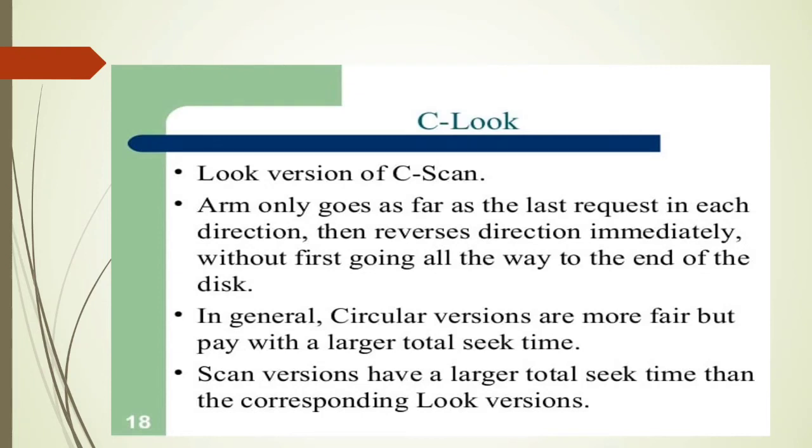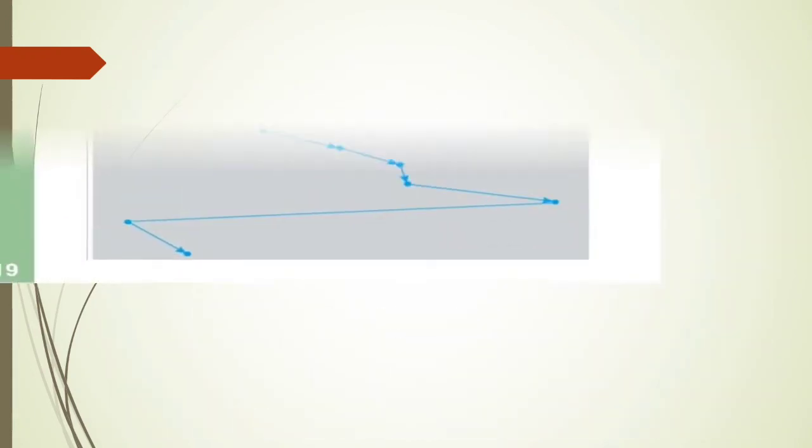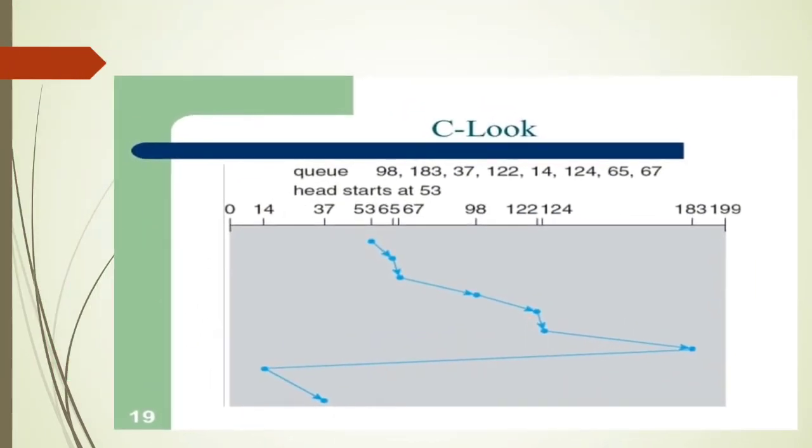It won't go all the way to the end of the disk as SCAN does. It reaches the last request in one particular direction, then changes direction and goes the next direction. In this picture, we can see how the head moves in each direction and the last record of each direction is accessed.